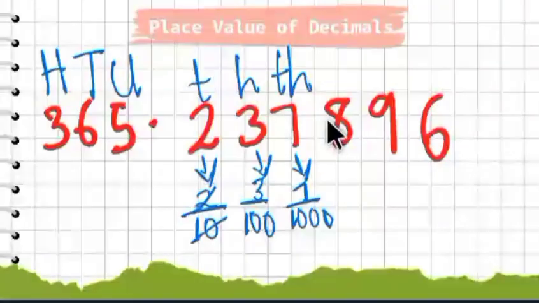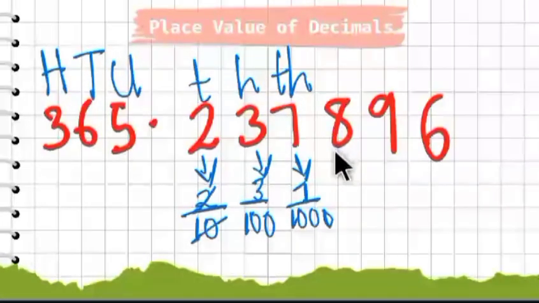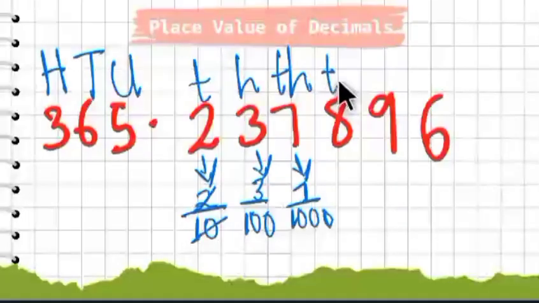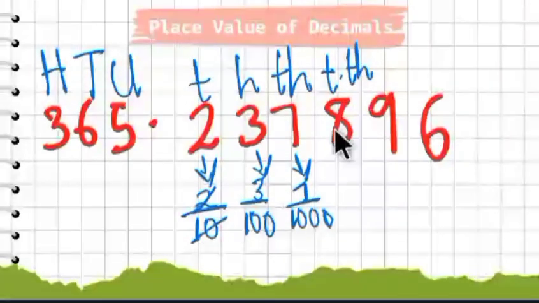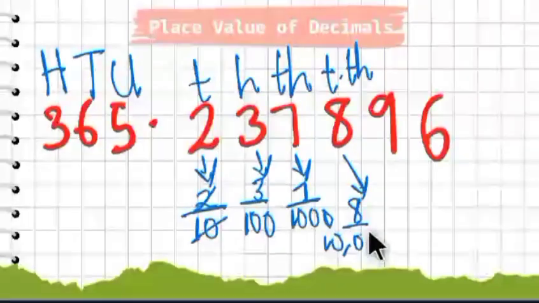The next decimal value is 8, and it is ten-thousandths. It is 8 all over 10 thousandths.